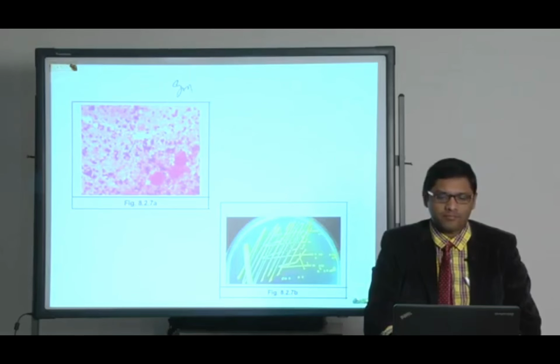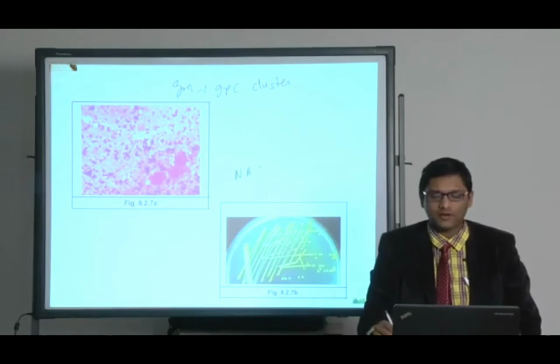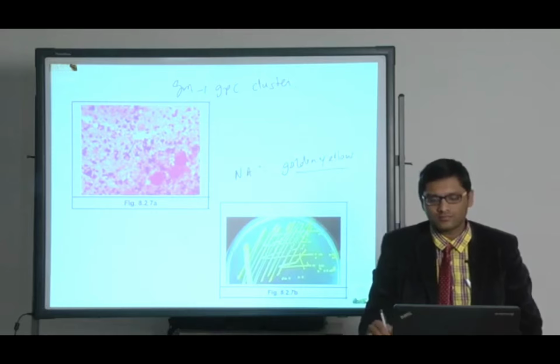Gram stain, gram positive cocci in clusters. Nutrient agar, Staph aureus produces golden yellow colonies. Golden yellow colonies are made of beta carotene.